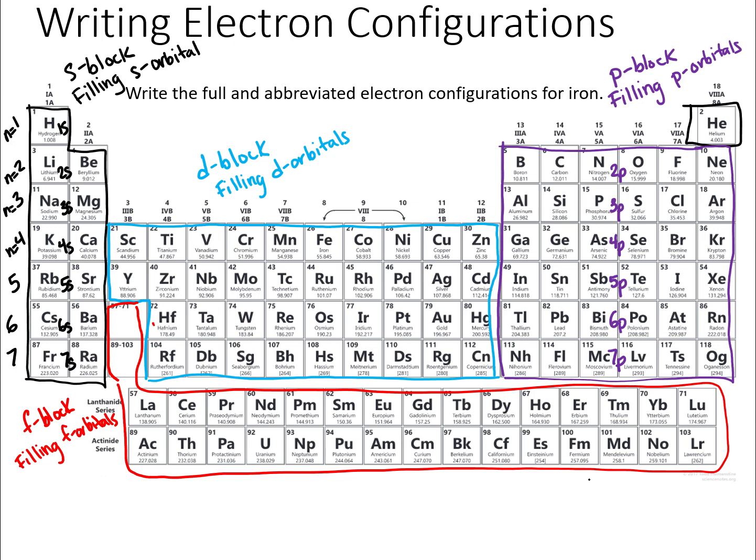And for your reference, in each sublevel, so it doesn't matter whether it's 1s or 5s, you have one S orbital.